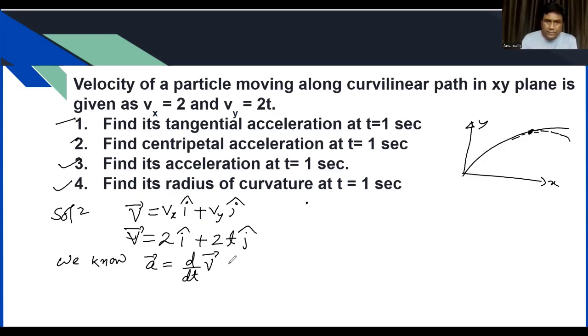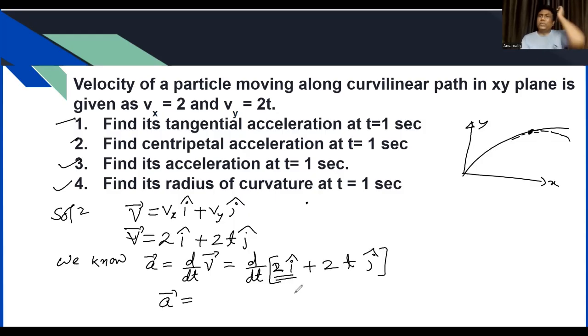So it means differentiation of 2 i cap plus 2t j cap. So the acceleration vector is equal to, now you see that there is a constant term. 2 is a constant term only. No? 2, 3, 4, all are constant. So what will be the differentiation of 2? It will be 0.